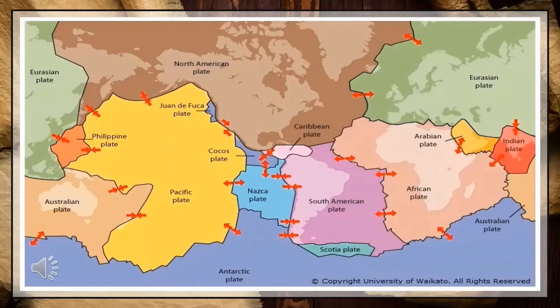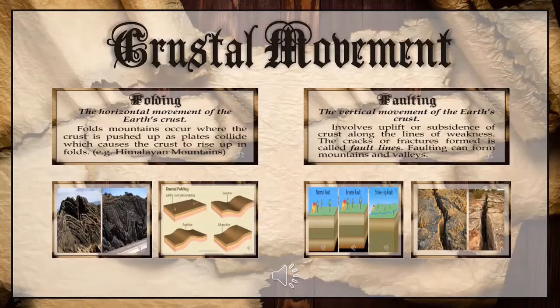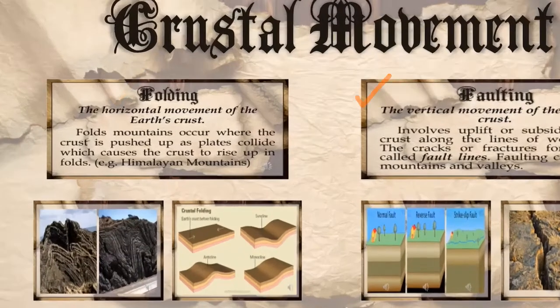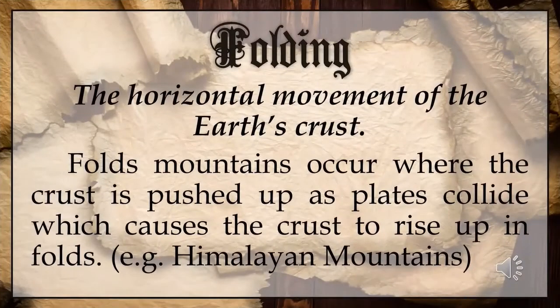Aside from the shrinking and expansion of Earth's crust, deformation also happens during tectonic movement of the plates. Crustal deformation can either be folding or faulting. Okay, so there are two types of crustal movement, the folding and the faulting. Folding is also known as the horizontal movement of the Earth's crust.